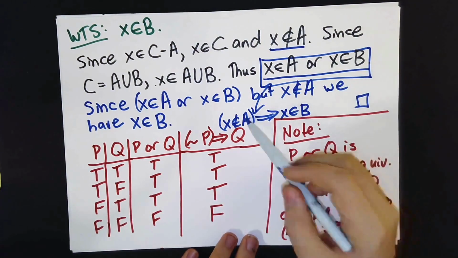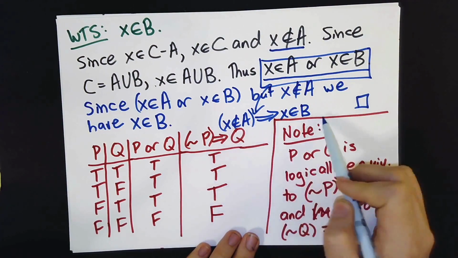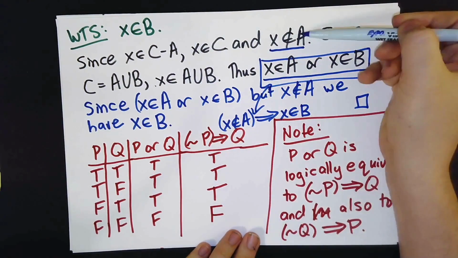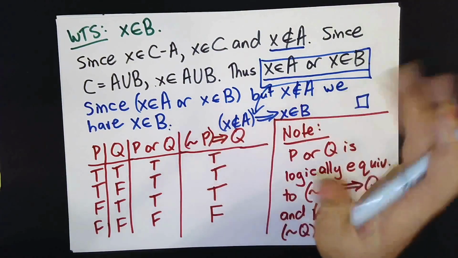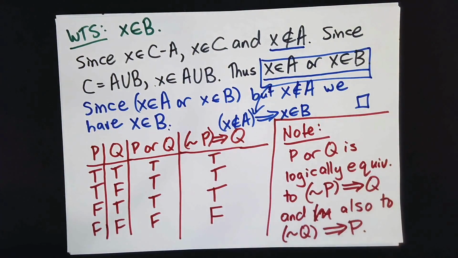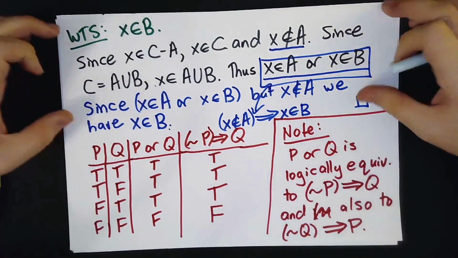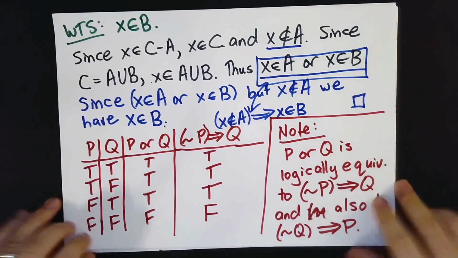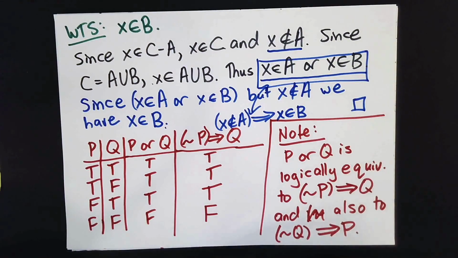And so that's what we really did: we have x not in A implies x is in B, and also we have x not in A, therefore we have x is in B. That is all of the magic that happened. You don't have to think of it in these terms in order to make sense of our proof, but I think that's a useful framework in which to think of these things.